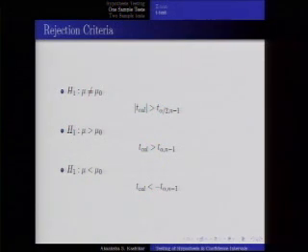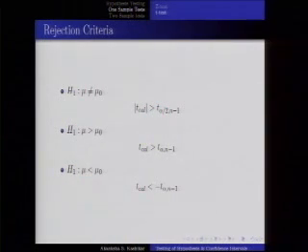Similarly, in case of one-tailed test, we would have entire critical region on one side, so we would use alpha percentile. So we would reject H naught in favor of H1 mu greater than mu naught if my t cal is greater than t alpha with n minus 1 degrees of freedom, and if my H1 is mu less than mu naught, then we would reject H naught if t cal is less than minus of t alpha n minus 1.